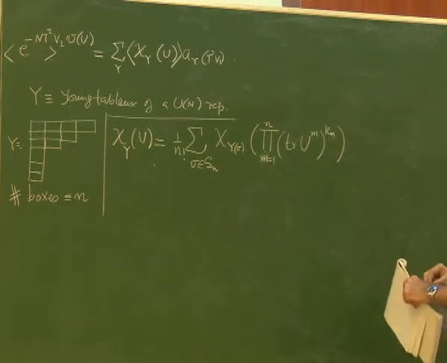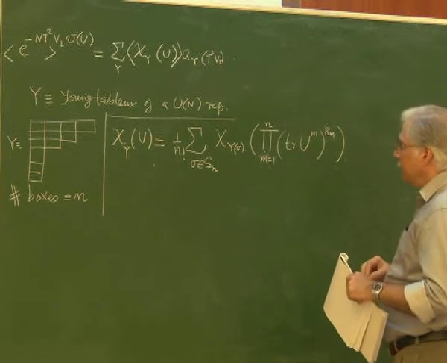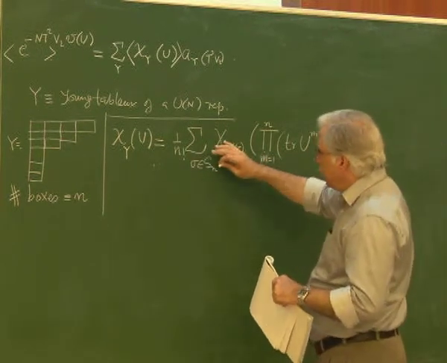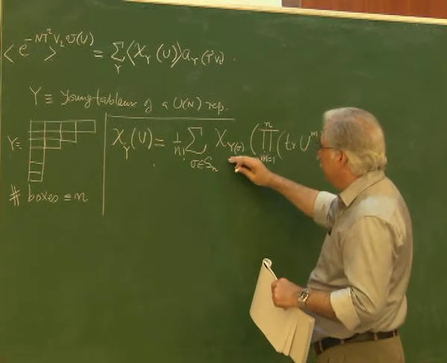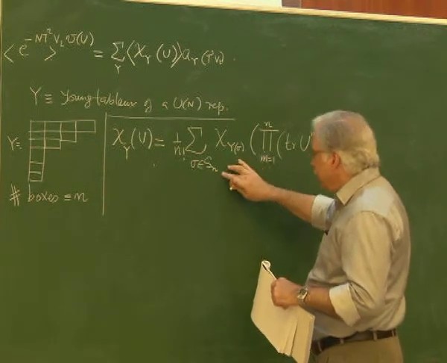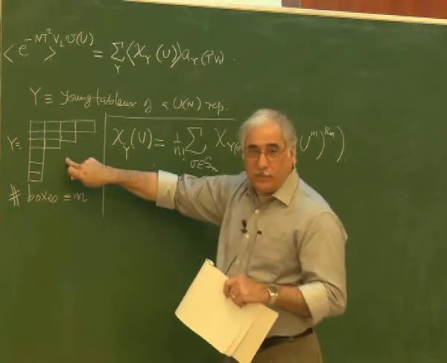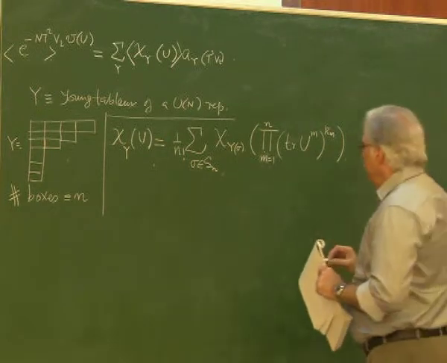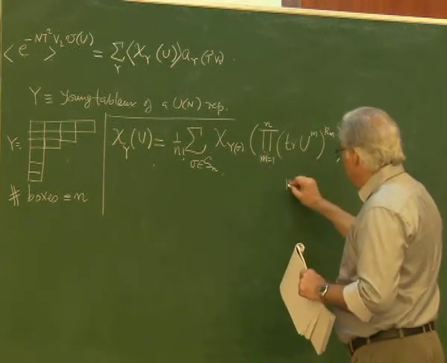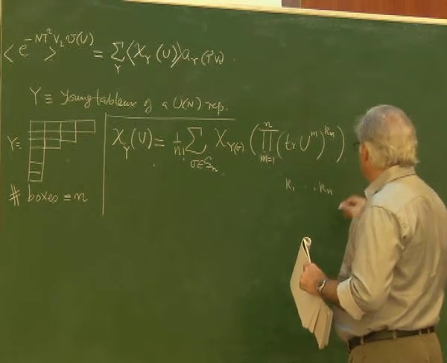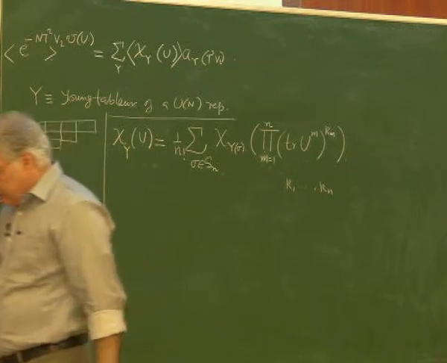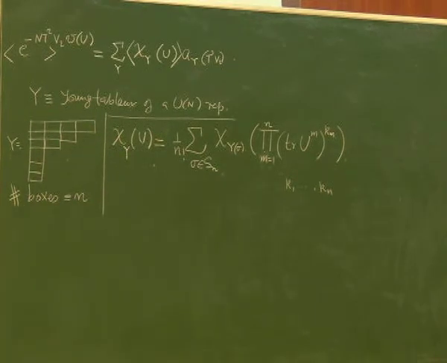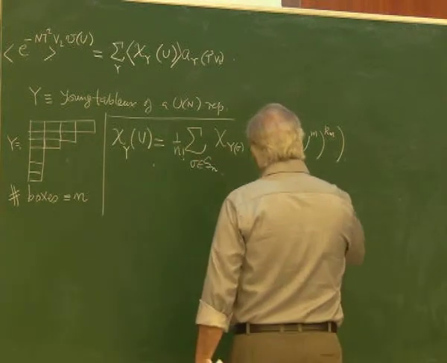All right. So this means the following, that this is given as a sum over the characters of the permutation group of order n, where n is the number of boxes of the Young tableau. Just note the statement of the result. And K1 up to Km up to Kn are the lengths of the cycles: K1 cycles of length 1, K2 cycles of length 2, Kn cycles of length n.